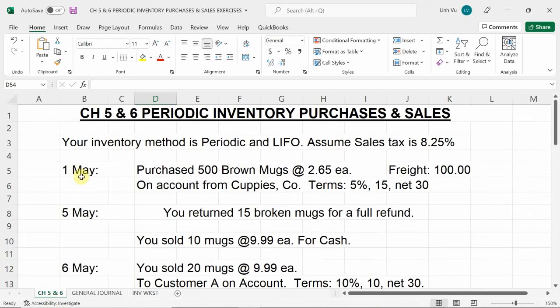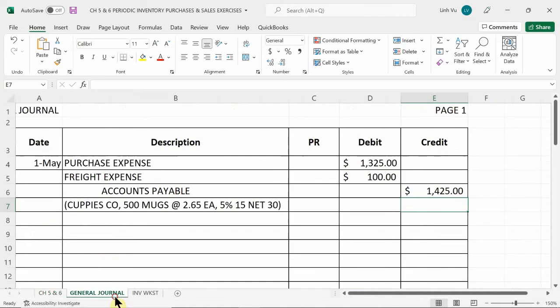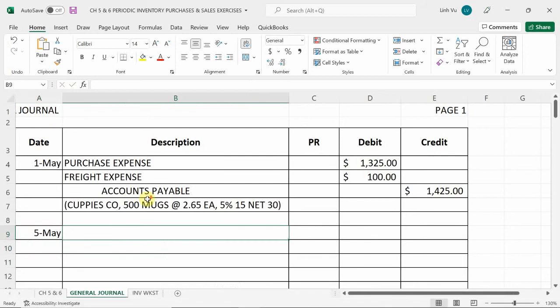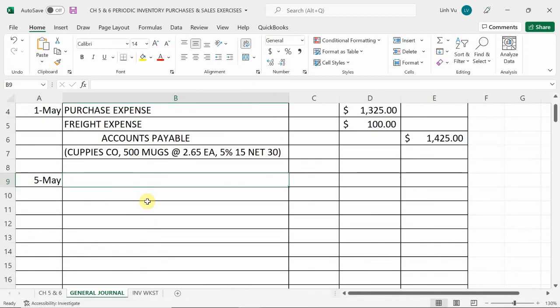May 5th, we end up returning 15 of those mugs because they were broken, and we got a full refund. So in this case, I returned 15 broken mugs for a full refund. How do I record this refund?